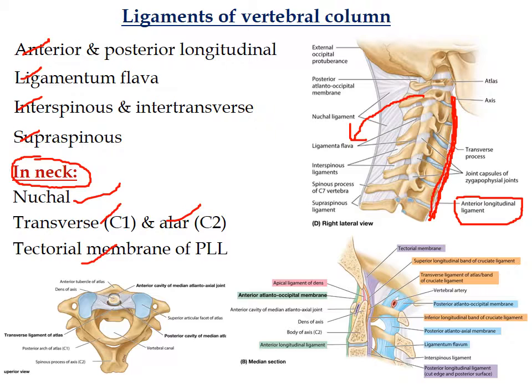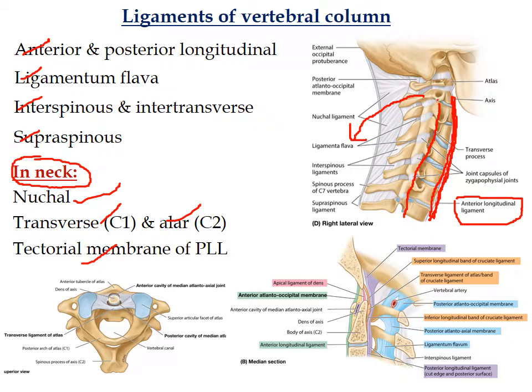Now coming to the posterior longitudinal ligament. The posterior longitudinal ligament is located along the posterior aspect of the vertebral body. It will be running here, the entire length from the C2 vertebra downward, not in C1, and it limits hyperflexion.